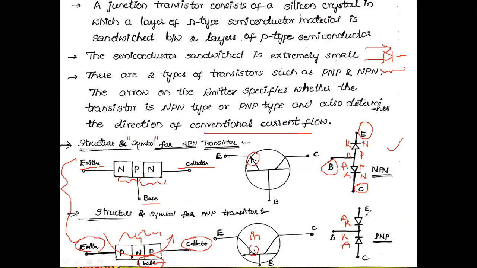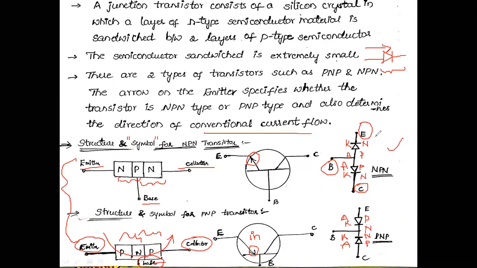I am going to treat the anode terminal as P type material, and the cathode terminal as N type semiconductor material, and this is N type and P type semiconductor material. In this way, I can represent the PNP type of transistor by using two diodes back to back.